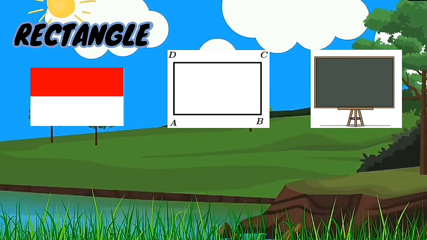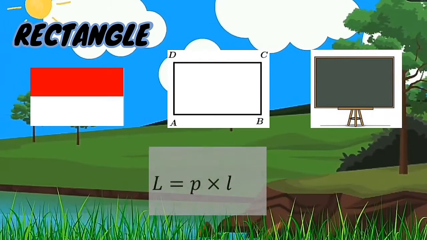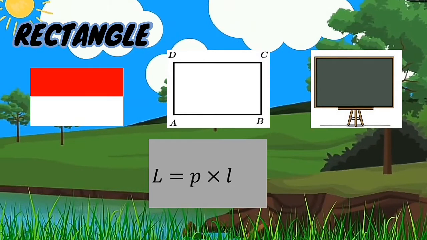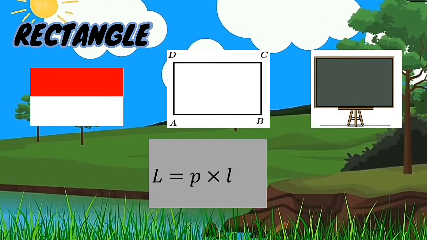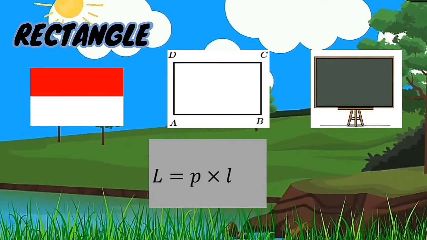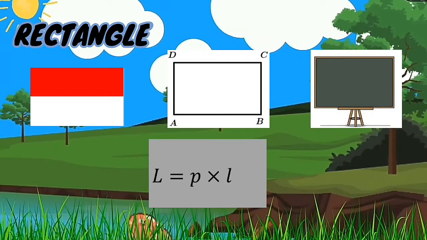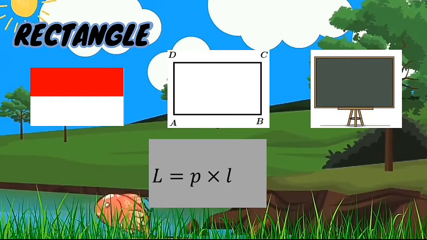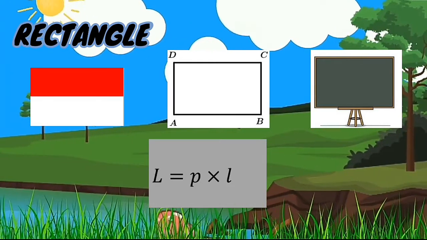The formula for the area of a rectangle is length times width. For more details on using the rectangle formula, please pay attention to the example questions that I will explain.